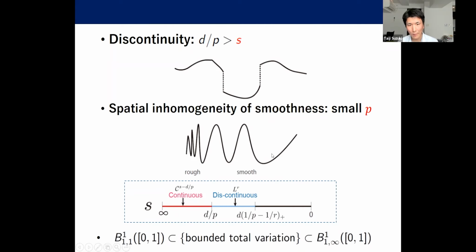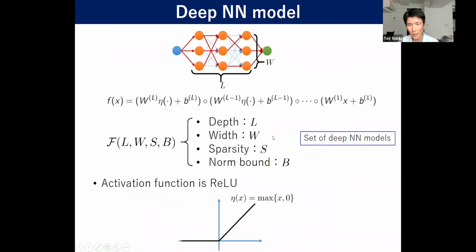Now we try to approximate the function f in a Bessel space by using a deep neural network. Let us consider the deep neural network with depth L and width W, which can be expressed like this. We also consider sparsity S. This is just for a theoretical reason, so you can neglect this.